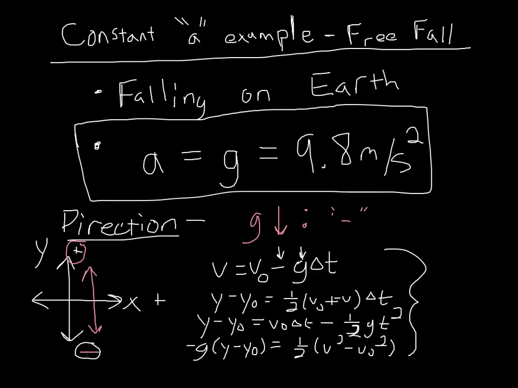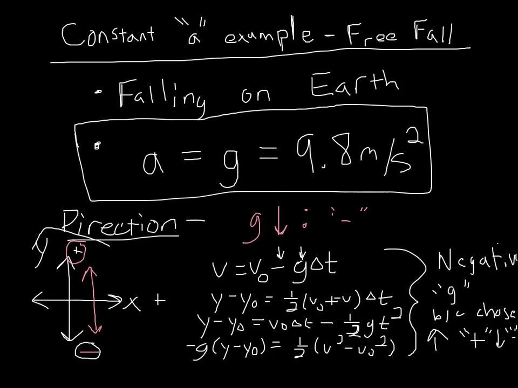And a final point to make, to really drive this home, these g's are negative, because I chose to say anything up is positive and anything down is negative. Way back over here with my coordinate axis definition.